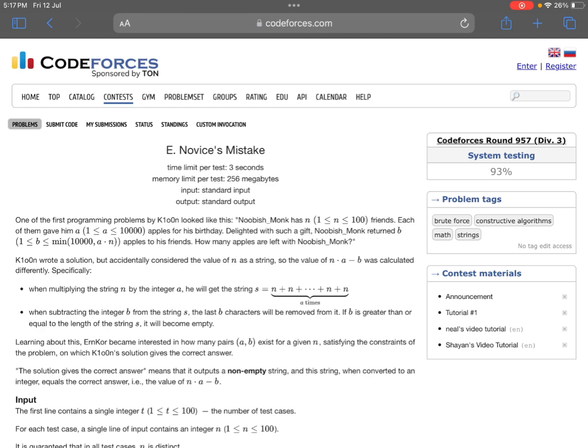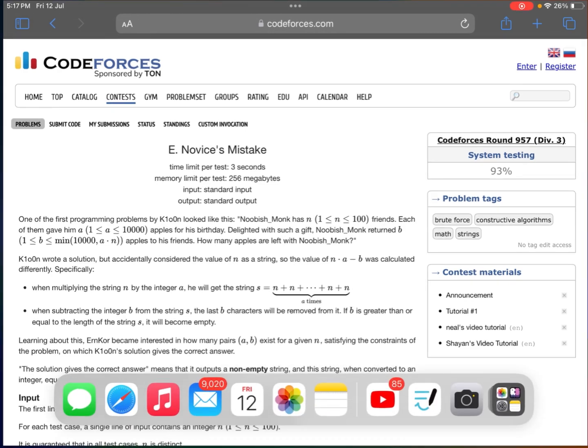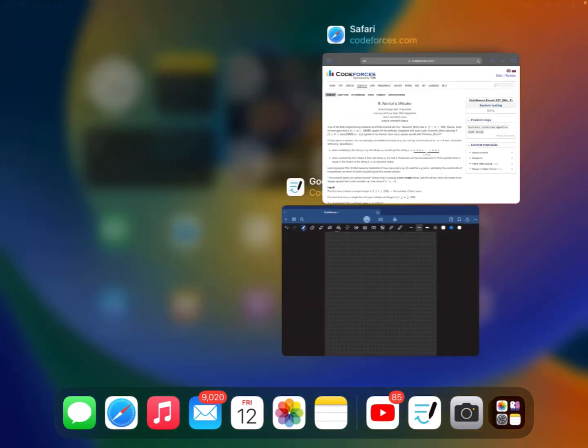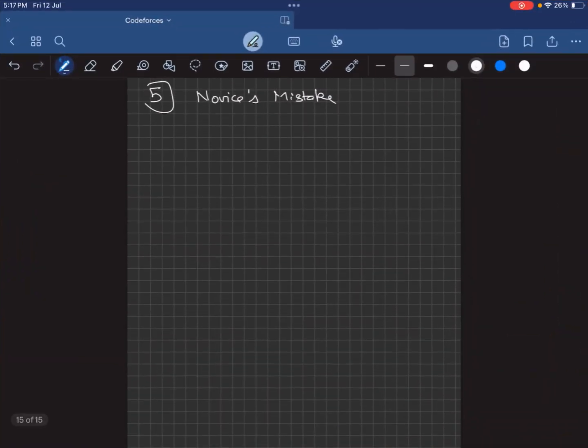Let's solve the fifth question. It's called Novice Mistake. In this question we are given an integer n. A person, instead of doing n times a minus b, takes n as a string, multiplies it with a and subtracts b.